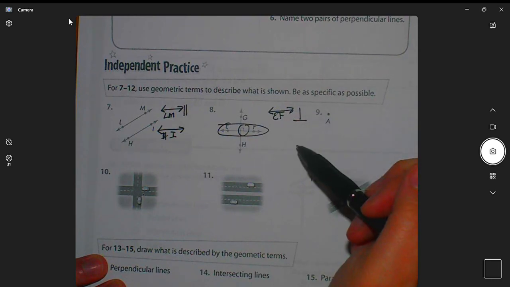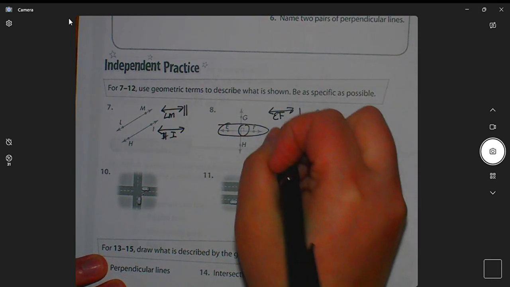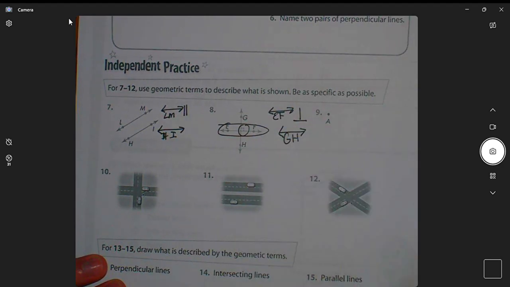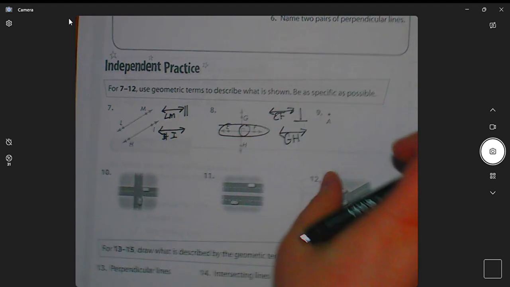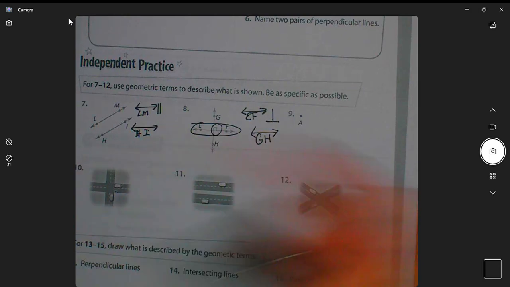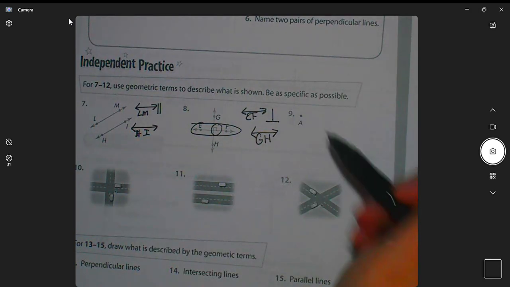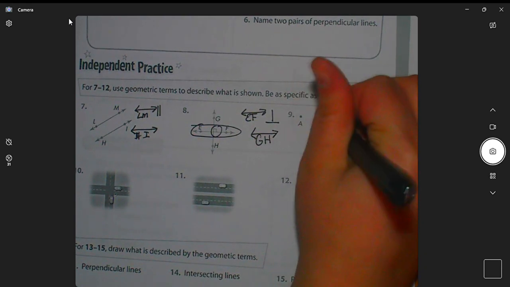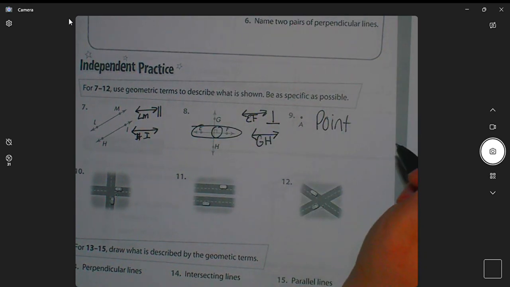It's perpendicular to line GH. Now, on any line, at any given time, it will run through points. So, just like from our last unit, we know that this little dot means point. Point what? You're right, point A.